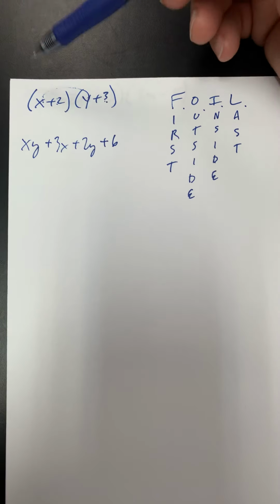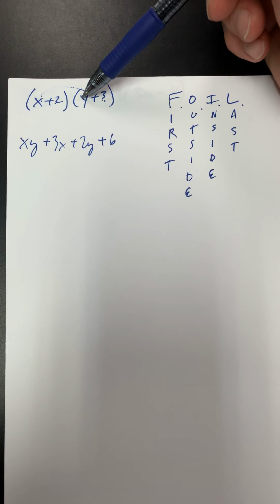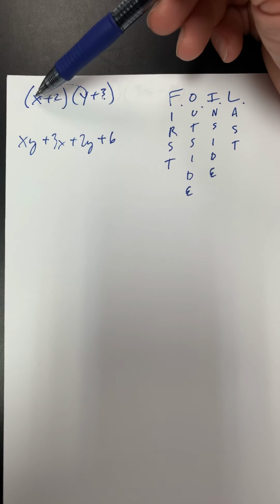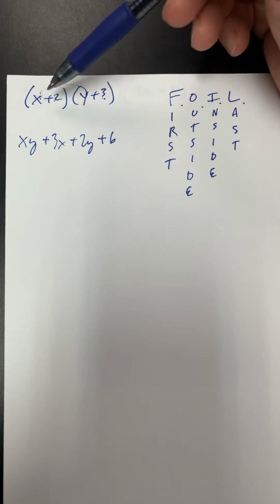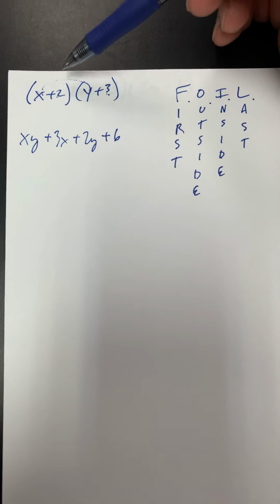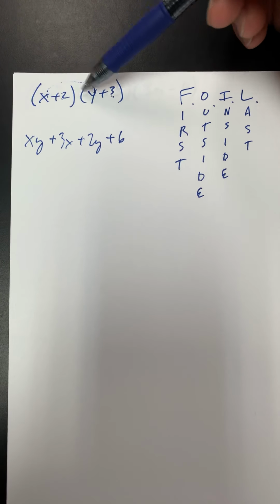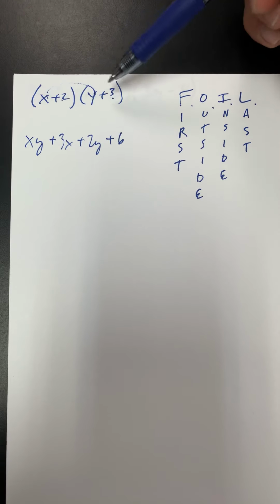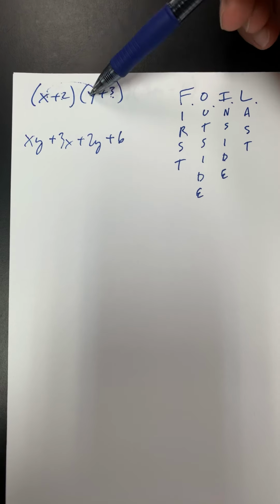So we do the first terms, x and y. Then we do the outside terms, the x and the 3. See how they're on the outside? Then we do the two inside terms, that's 2 times y, and then the two last terms, which are 2 times 3. And we're multiplying, so x times y, xy.